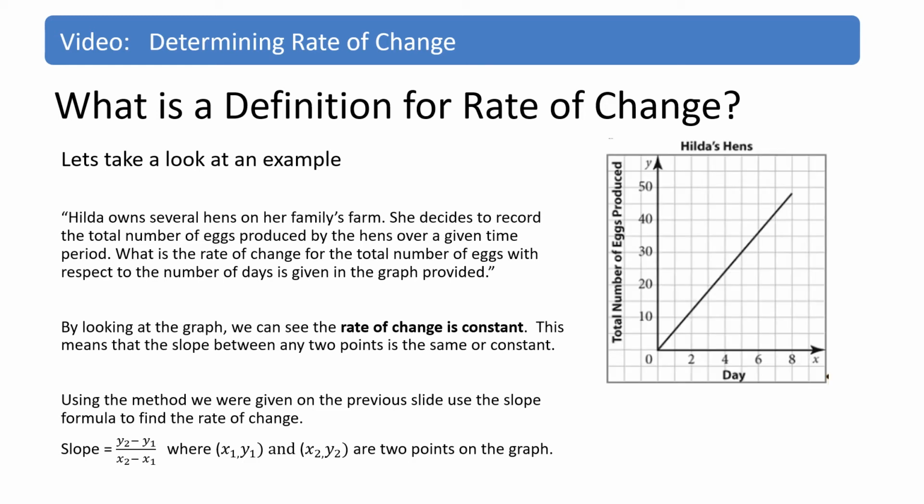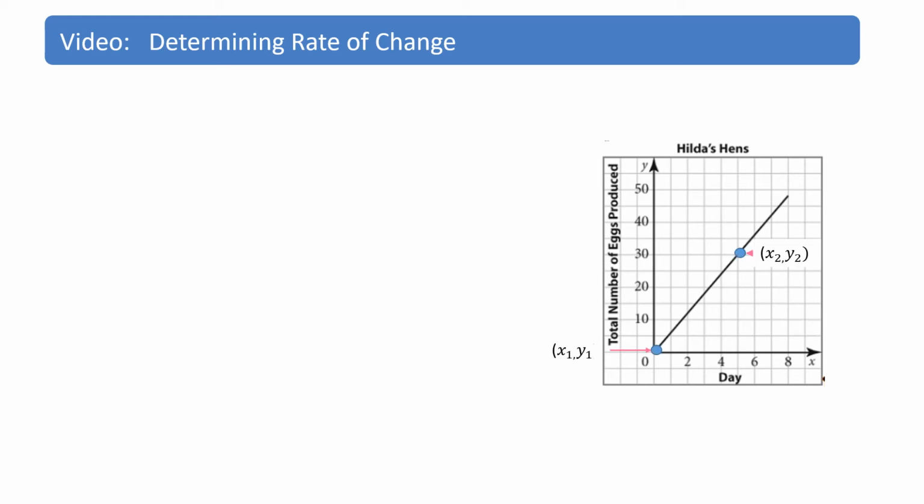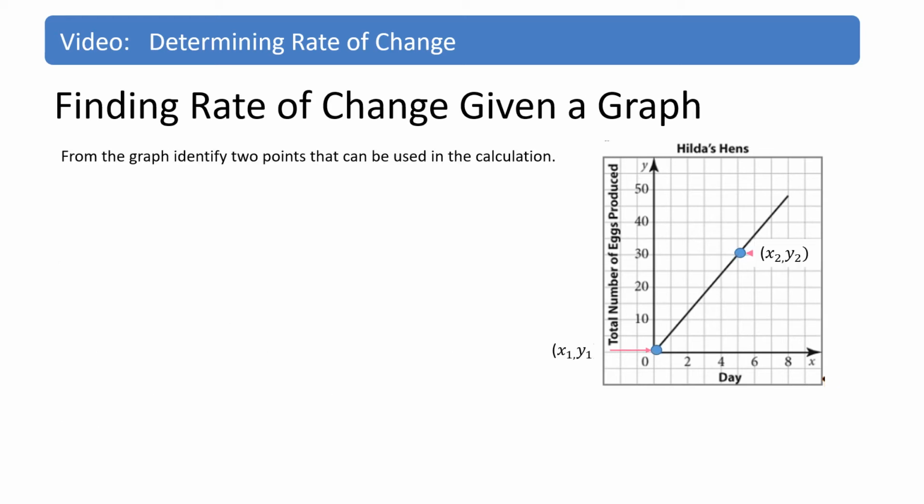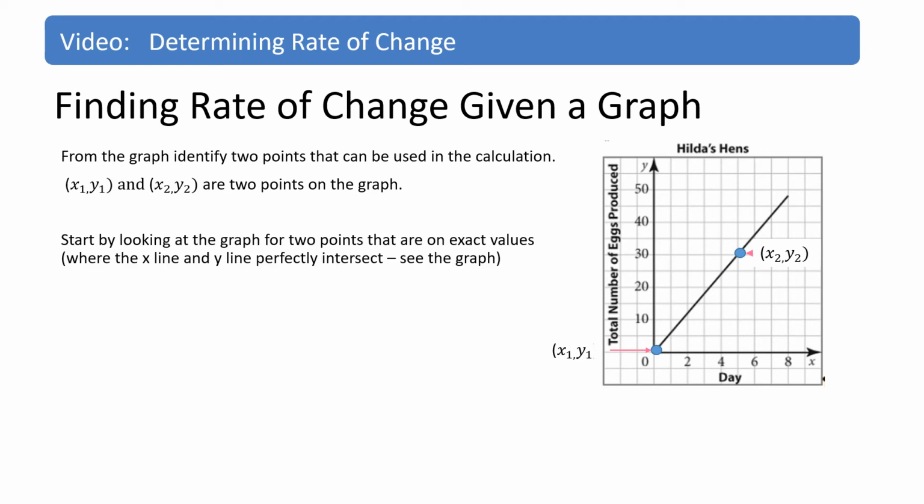Here is the graph of the situation. From the graph, identify 2 points that can be used in the calculation. We've identified a point x1, y1 at 0, 0, and a point x2, y2 at 5, 30. Why did we use these 2 points?